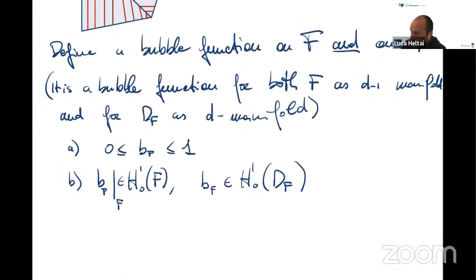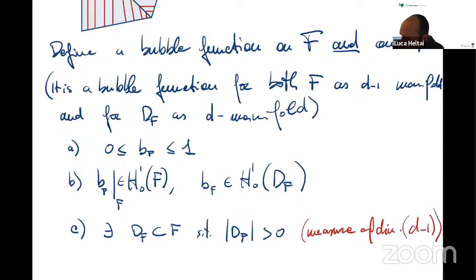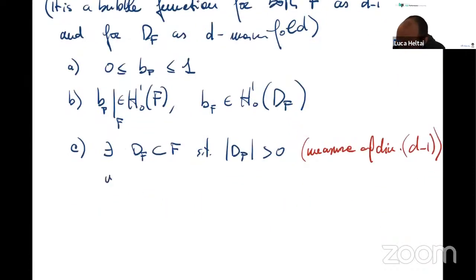Second property, there has to exist a D tilde F, which is a subset of F, such that the measure of D tilde F is greater than 0, and this is a measure of dimension d-1, where BF is greater or equal than 1/2. Oh, sorry, I should not have called it DF.